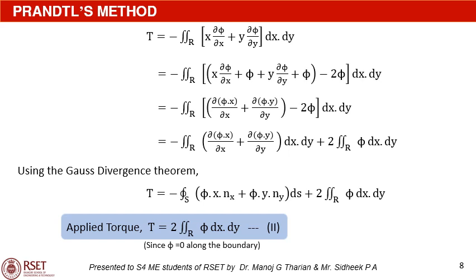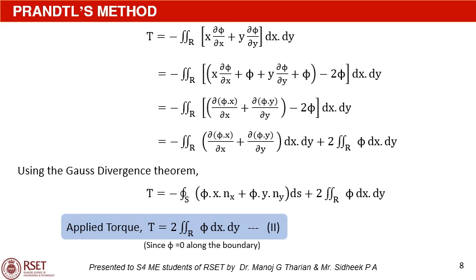Adding and subtracting 2 phi within the square brackets, the above equation becomes T is equal to minus double integral over the region R of (x ∂phi/∂x plus phi plus y ∂phi/∂y plus phi minus 2 phi) dx dy. That is equal to minus double integral over the region R of (∂/∂x of phi x plus ∂/∂y of phi y minus 2 phi) dx dy.